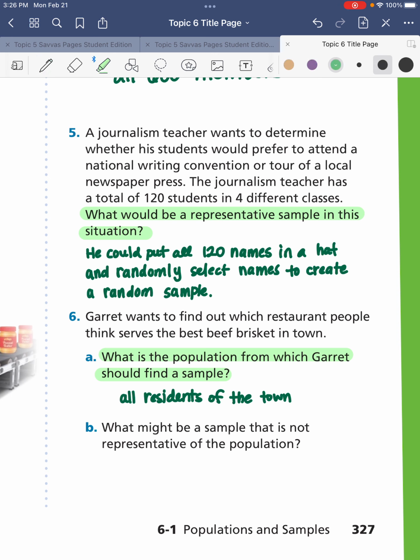Okay, so B, what might be a sample that is not representative of the population? Key word there, not, right? So something that's not representative, he could survey the customers at one of the restaurants that serves beef brisket.